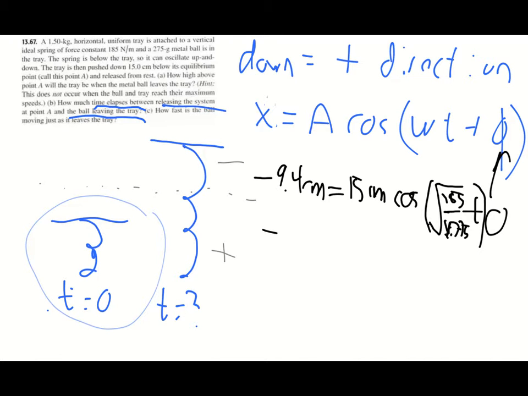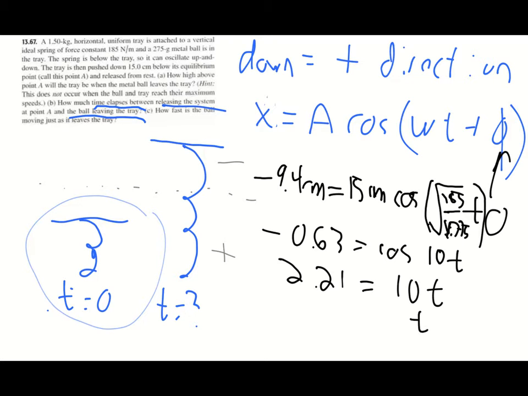I get negative 0.63 equals the cosine of 10t. I take the inverse cosine, remembering I have to do it in radians, and I get 2.21 equals 10t. My time is going to be 0.221 seconds. That doesn't turn out as bad as you think, but again, you have to play that game with the positive and negative. It just makes the math a lot easier.